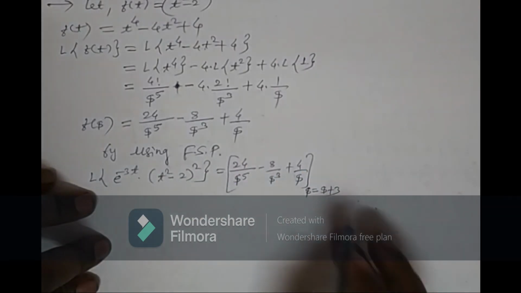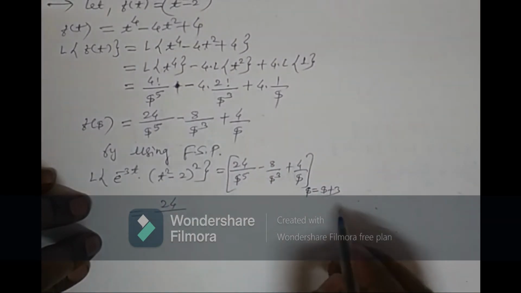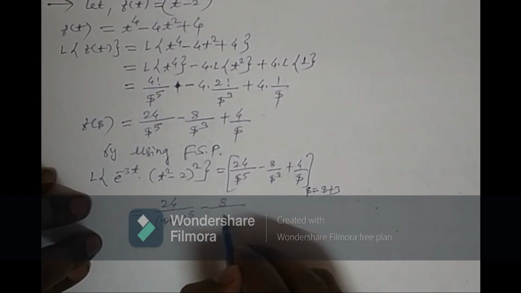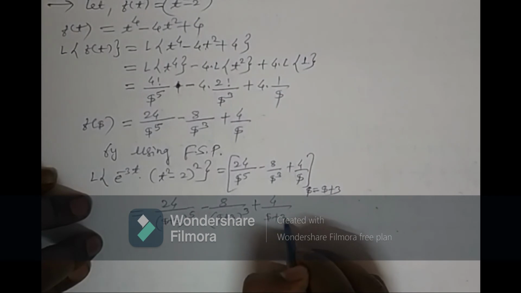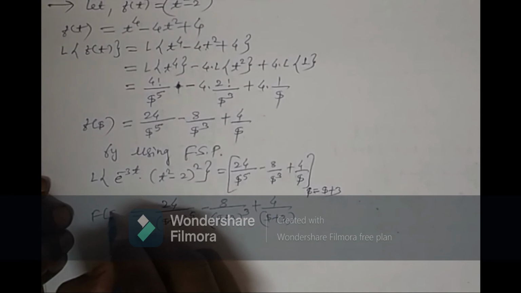So if you replace this, we get the final answer: 24 upon s plus 3 raised to 5 minus 8 upon s plus 3 raised to 3 plus 4 upon s plus 3. So this is the value.